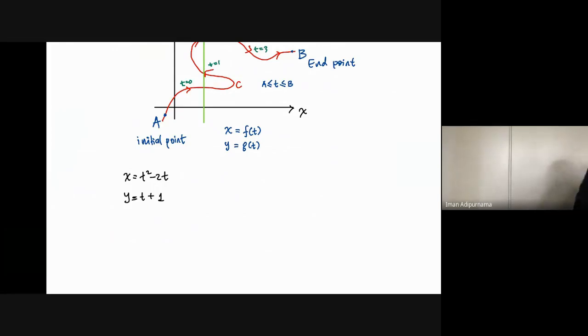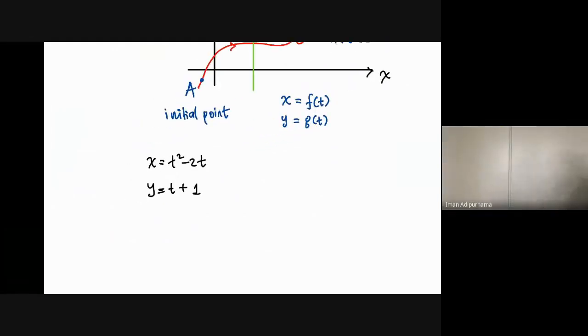So if I'm giving you these equations for x and y, for each t, you can randomly choose t. You can at least sketch what kind of graph this will look like.